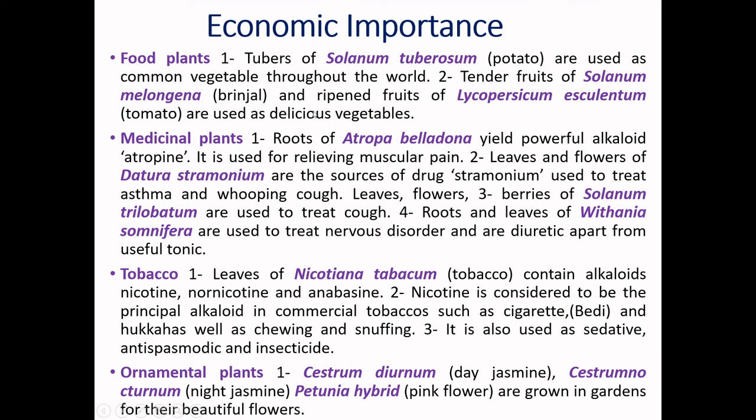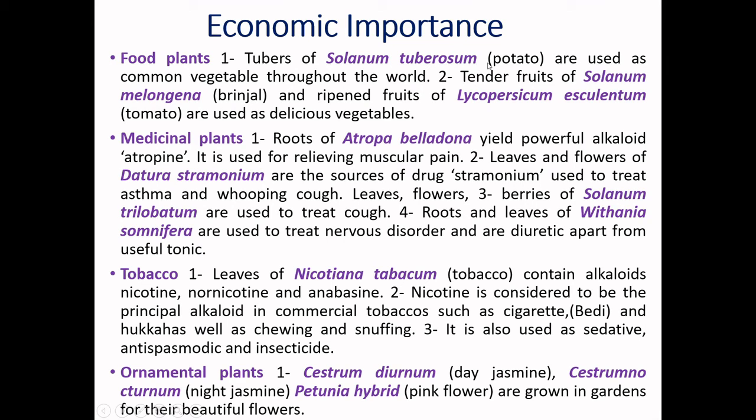Lastly, let us see some examples of family Solanaceae and their economic importance. First, economic importance for food plants: tuber of Solanum tuberosum, potato, are used as a common vegetable throughout the world. This is the best example of modification of stem for storage of food material.